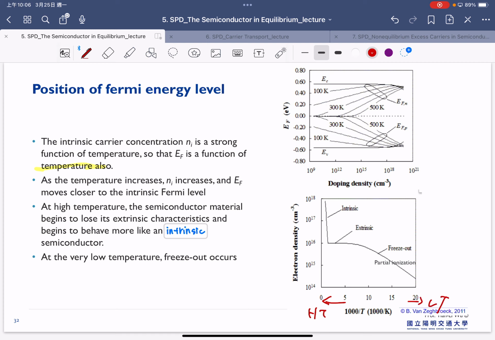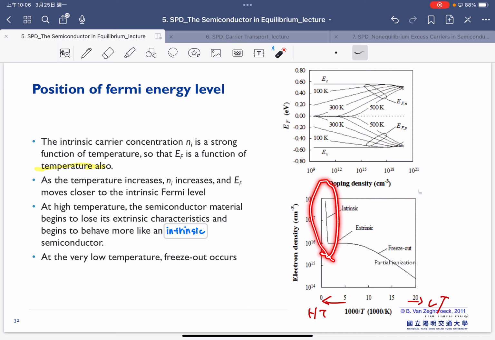Usually we prefer to operate in the extrinsic region, because we can use doping to modulate our concentration. We can add N-type or P-type dopants to increase or decrease the concentration. But once we move to high temperature, everything moves toward the intrinsic concentration.